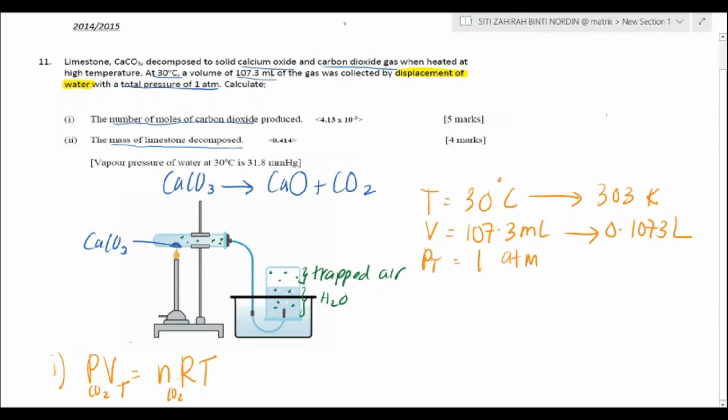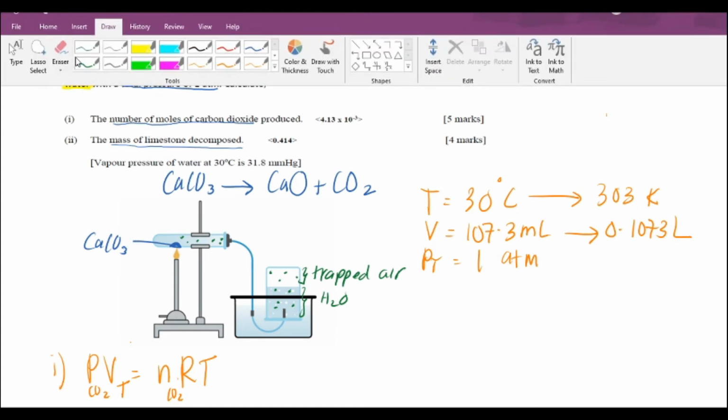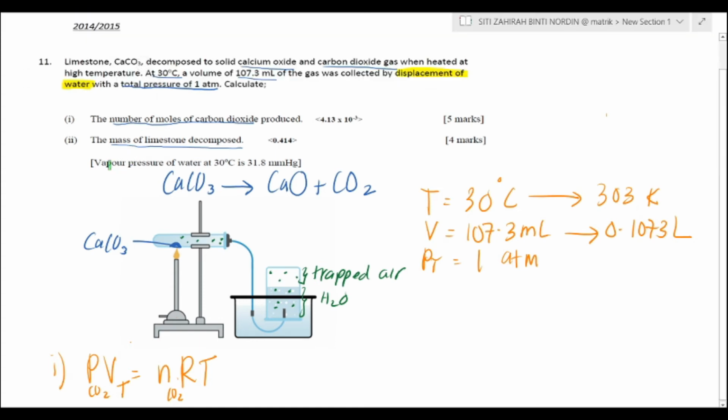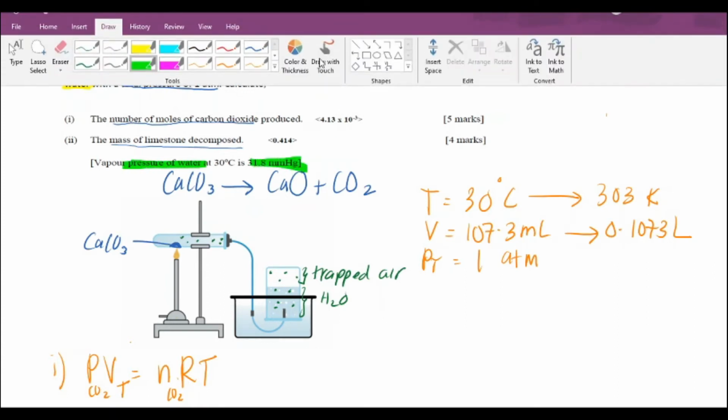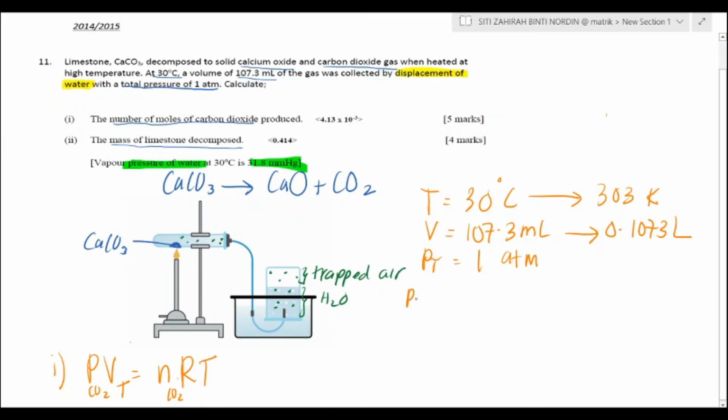Okay, please, class, please note that we've got the pressure of water, which is 31.8 millimeter mercury. So we need to convert this to atm.